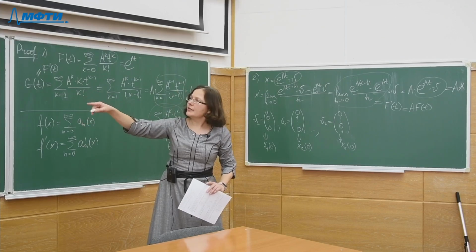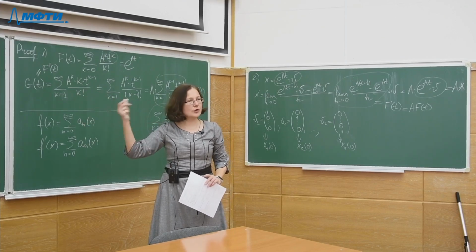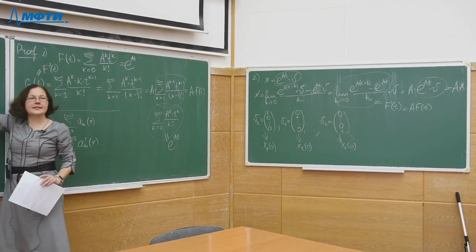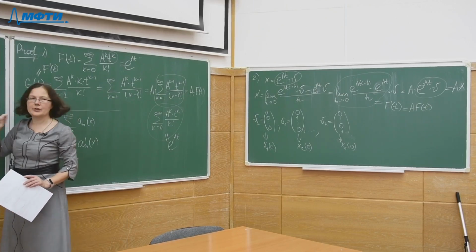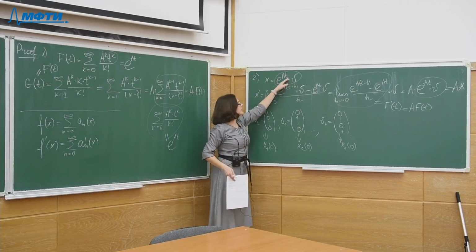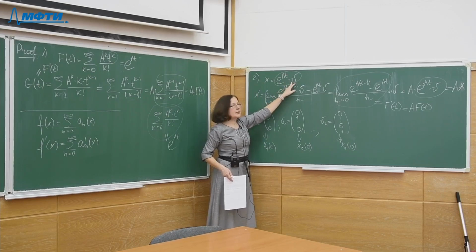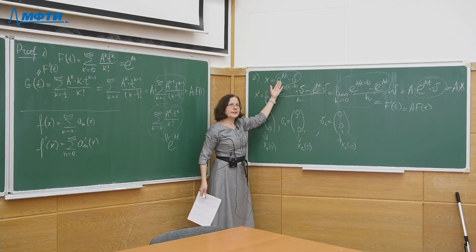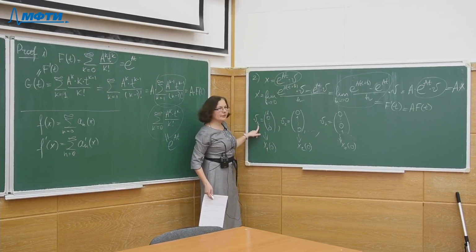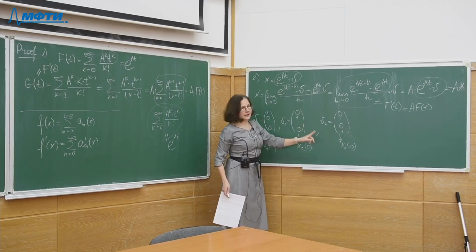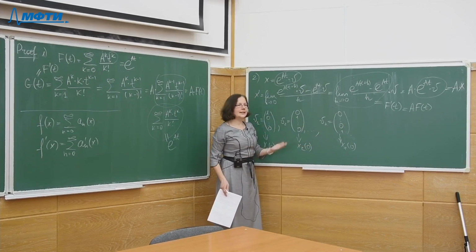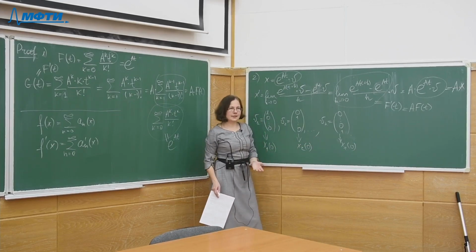If all the powers of A are zero matrices, then e to the power 0 is equal to the identity matrix. The identity matrix multiplied by any vector v gives the same vector v. Is it clear? So x1 of 0 is equal to v1, x2 of 0 is equal to v2, and so on. So we can see that these are n solutions that are linearly independent at the point t equals 0.